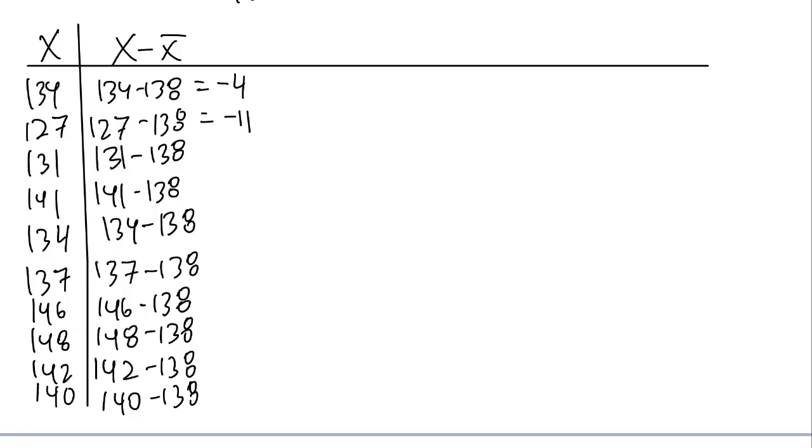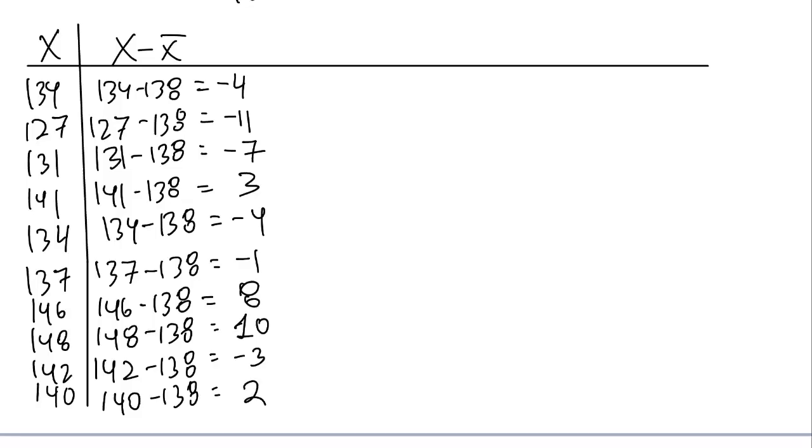Yes. 131 minus 138, -7. 141 minus 138, 3. 134 minus 138, -4. 137 minus 138, -1. 146 minus 138, 8. 148 minus 138, +10. 142 minus 138, 4... 142 minus 138, and then 140 minus 138, +2. So make sure you double check, make sure you're getting the same answers that I am. Do not just write out what I'm doing, because we gotta do this correctly.